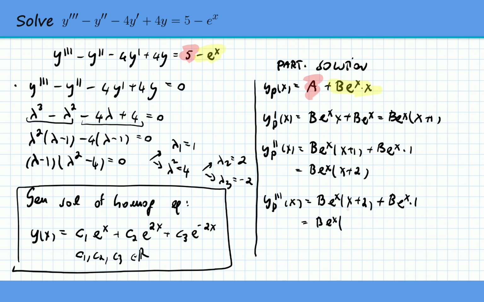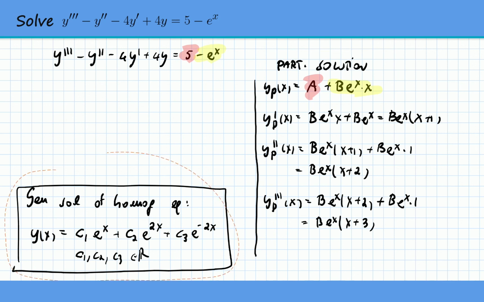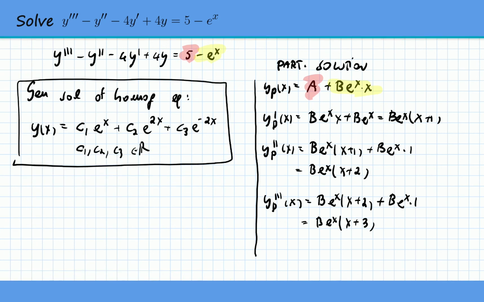The first term gives me x plus 2, the second term gives me plus 1, so ultimately x plus 3. And now I'm ready to plug into the equation. So let's remove this and just keep the general solution of the homogeneous equation.